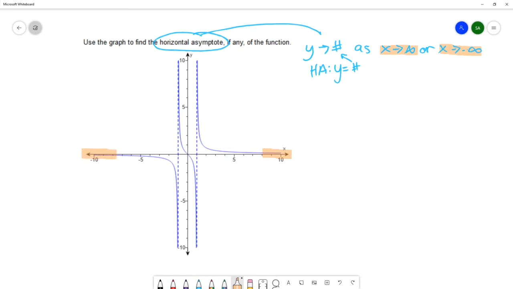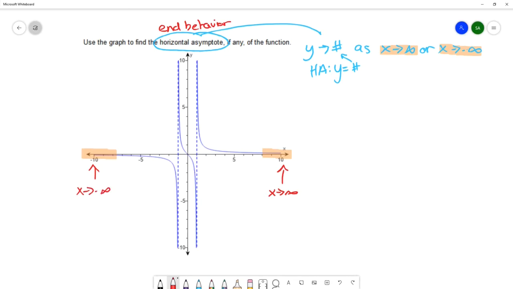Sometimes we call the horizontal asymptote describing the end behavior. And so we're going to be looking at the ends of the graph where x is approaching infinity and where x is approaching negative infinity.